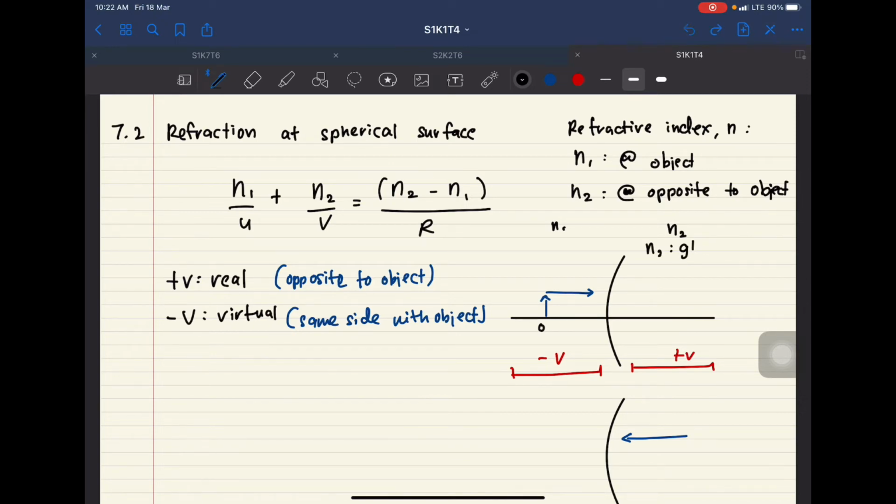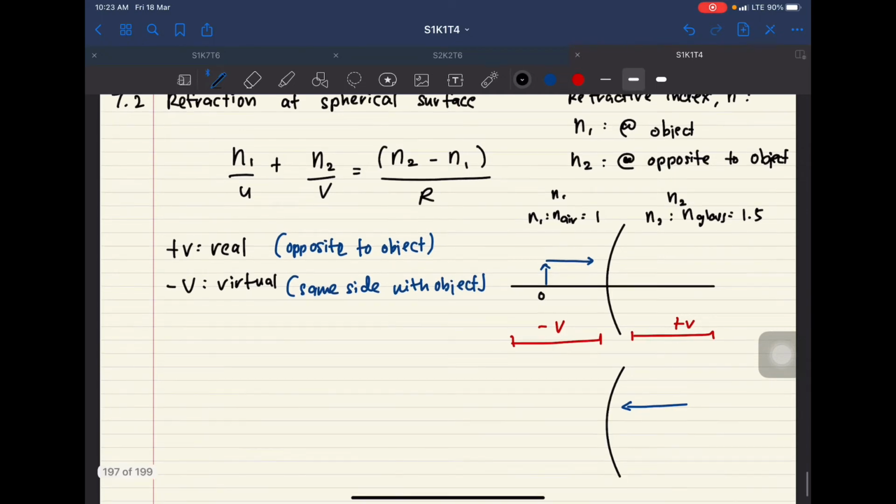N glass lah. Okay, normally maybe it's around 1.4 to 1.5 something. So I just put here, let's say 1.5. Okay, N1, let's say it's air. So if air, they are not going to say the values of N air, but you need to know N air is equals to 1. If water is 1.33.